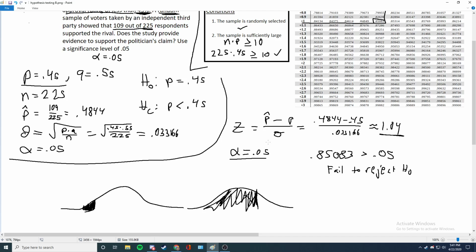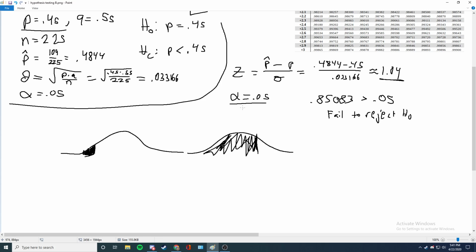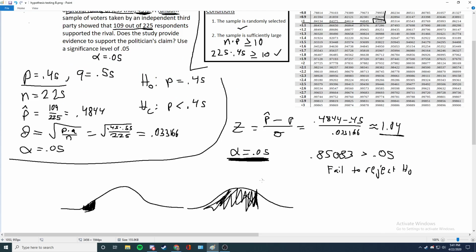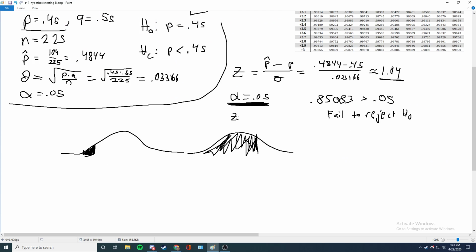Now let's do the z-value method, which is kind of just working backwards from the p-value. We would want to find the z that corresponds with our alpha here, which, since I only have the positive z-value table, we can't find right now. But the z alpha that corresponds with that is negative 1.645.